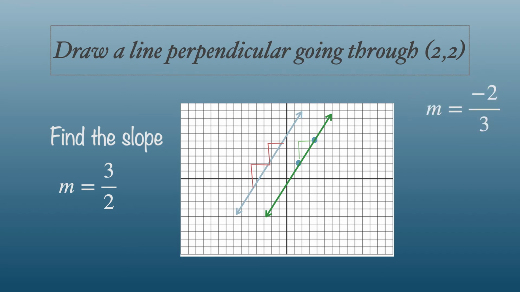Which means that I have one downward movement and a movement to the right, or one upward movement and a movement to the left. One of my two movements has to be negative. So I'm still starting from (2, 2), and I'm going to go down 2 and to the right 3. New point, and draw my line. And that's it.